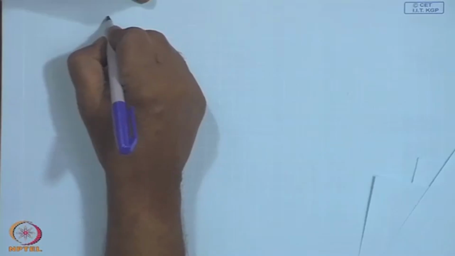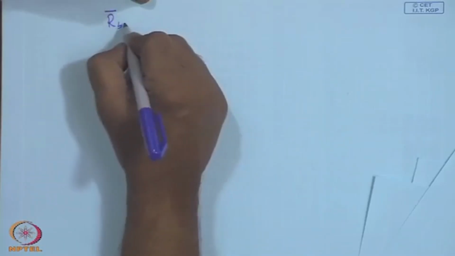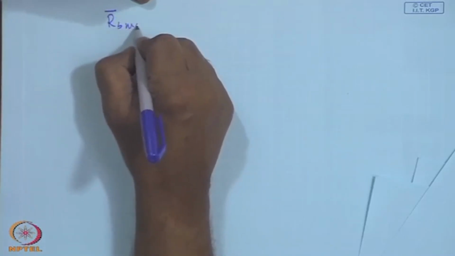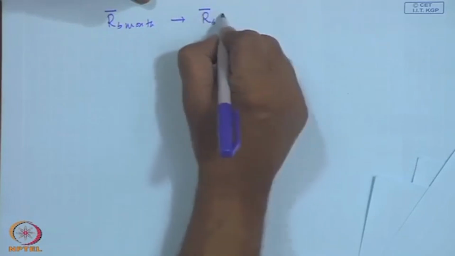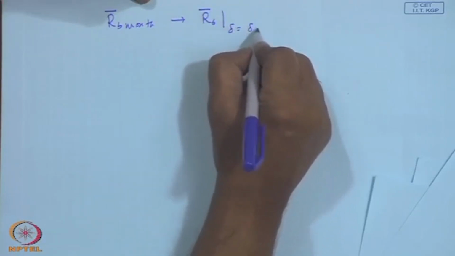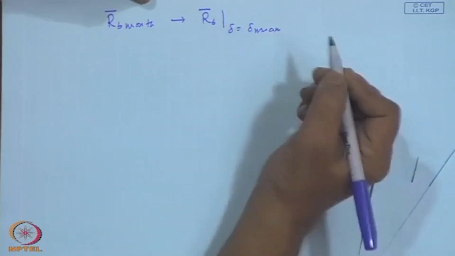This RB bar month we have calculated as RB bar with delta equal to delta mean.